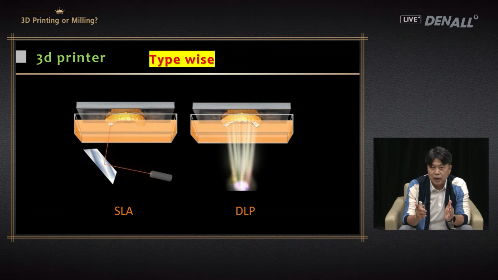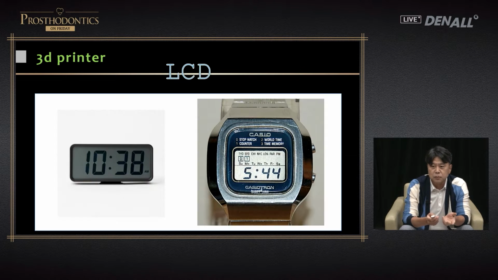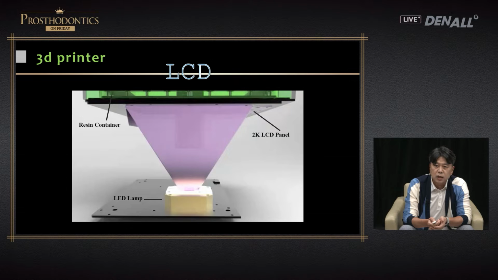Recently, actually, we had these two types in the mainstream, but now the LCD type is emerging very strong. I believe you have this type of digital watches at home. The liquid crystal is used, and that is applied to the 3D printers in the LCD type.